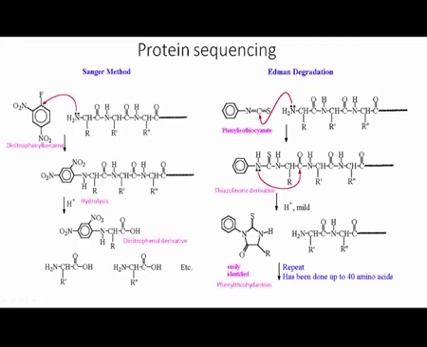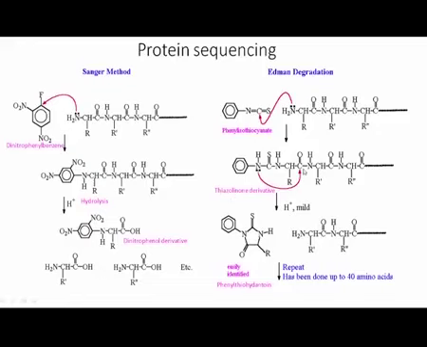This problem, however, was mitigated to some extent by the Edman degradation method, who used, rather than dinitrophenyl benzene, phenyl isothiocyanate. This is a phenyl and then an isothiocyanate group, which also acted as a nucleophile for this set of electrons of the terminal amino group, and that formed a thiazolinone derivative, as shown here.